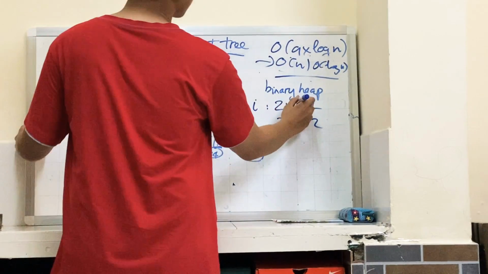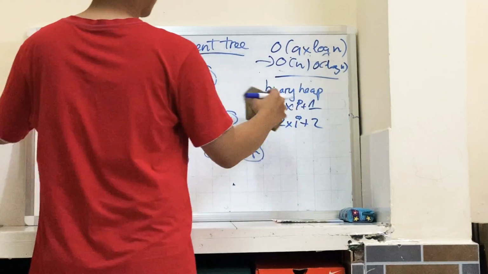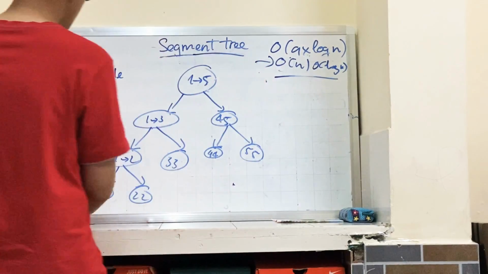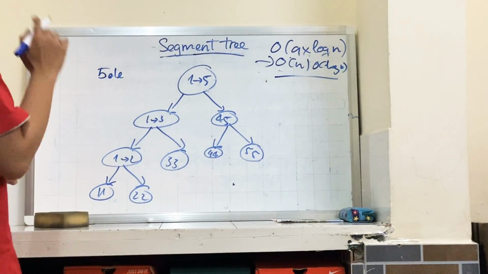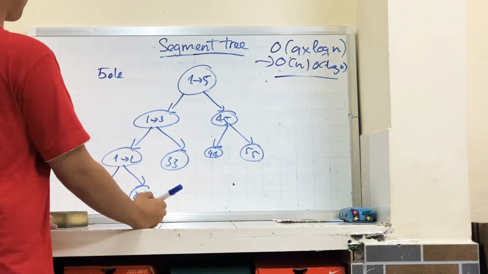It's just a way to represent the tree as an array, so I won't talk about it very much.